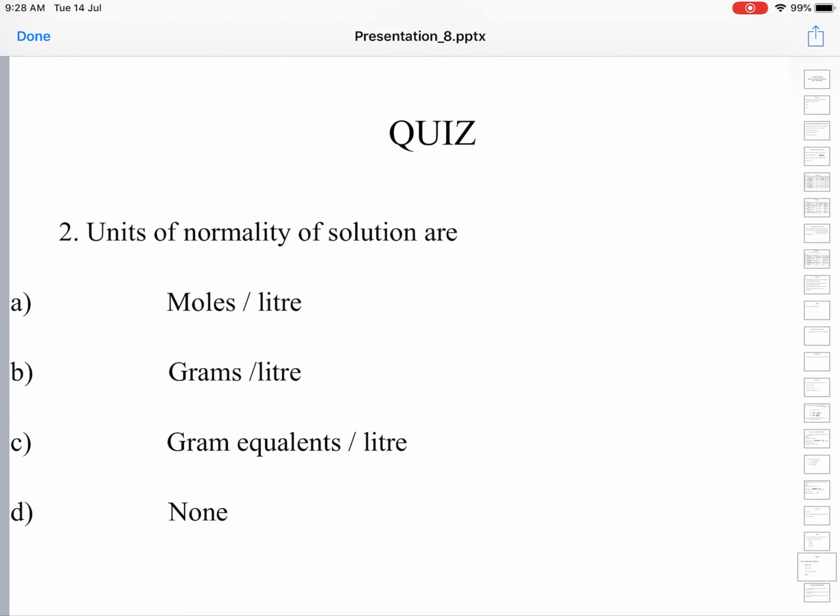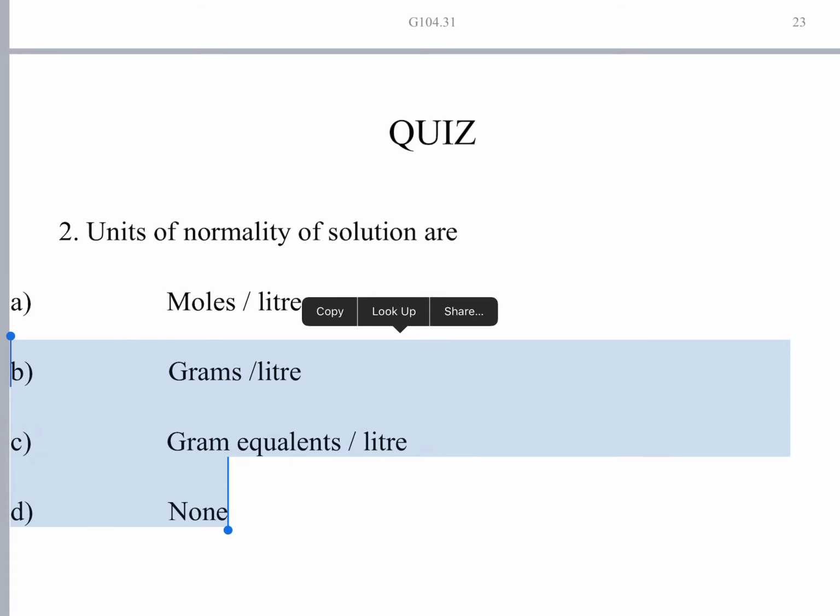Units of normality are gram equivalents per liter. Moles per liter is the unit of molarity, whereas gram equivalents per liter is the unit of normality.